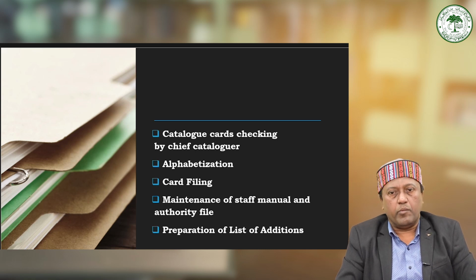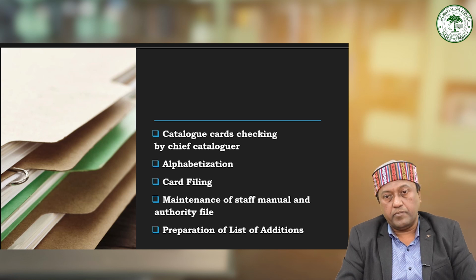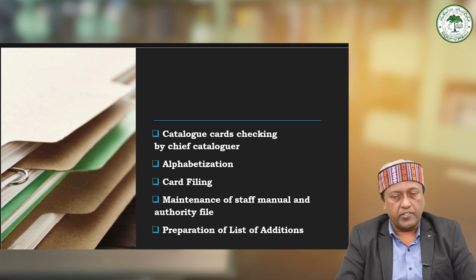So here also, after completion of the cataloging, all the catalog cards along with the catalog books undergo rigorous scrutiny, because this scrutiny is a must, done by the chief cataloger. In the event of any errors or discrepancies, the assistants are responsible for making the necessary correction, because ultimately the junior staff are doing the work.